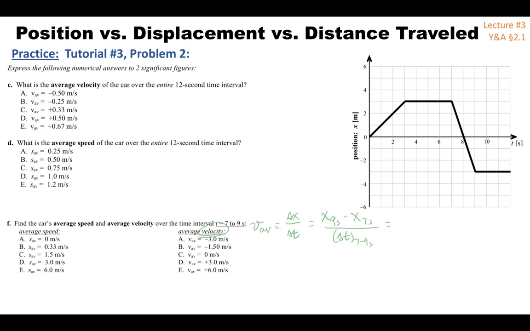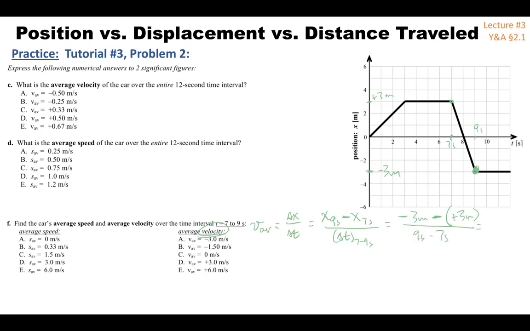Okay, so the position at 9 seconds is down here on the graph. Here's 9 seconds, and the position is negative 3 meters. So that's negative 3 meters. And then I subtract from that my position at 7 seconds, and that was up at positive 3 meters. Okay, and then delta t from 7 to 9 seconds is, of course, 9 minus 7.